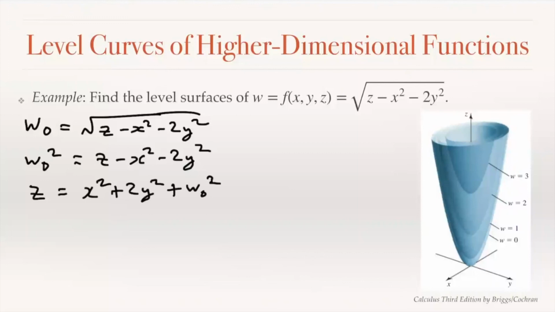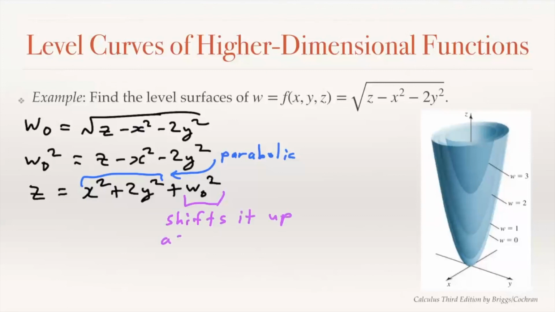And the way to look at this: first of all, this guy is parabolic in both the x and y dimensions. And this guy is always positive, and that shifts the paraboloid up as W increases. And specifically, it shifts it up by W naught squared.